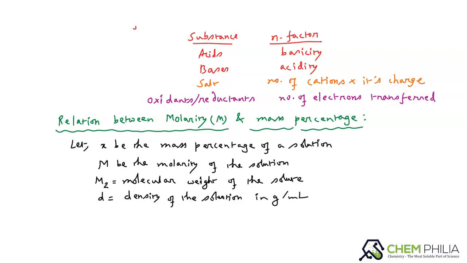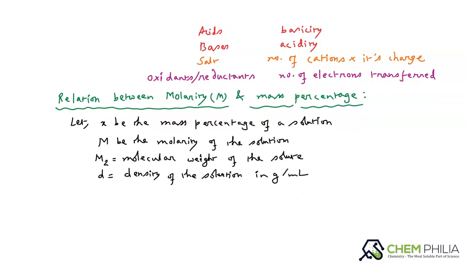Now what is the mass percentage X? Mass percentage X means in 100 gram of solution, X gram of solute is present. So 100 gram of solution contains X gram of solute.